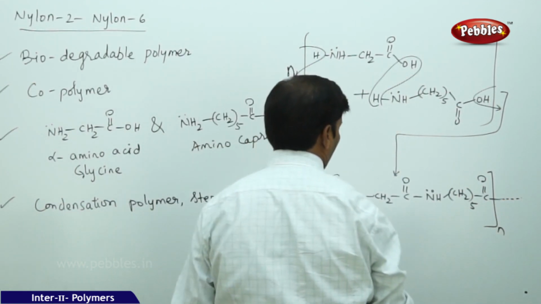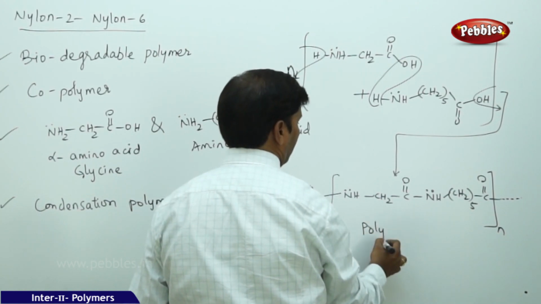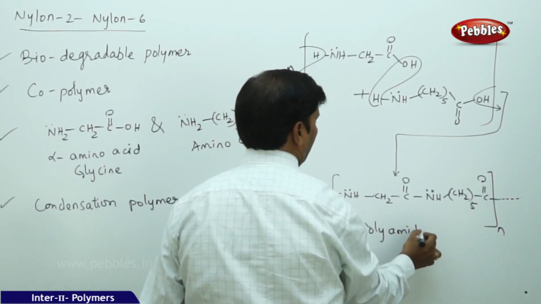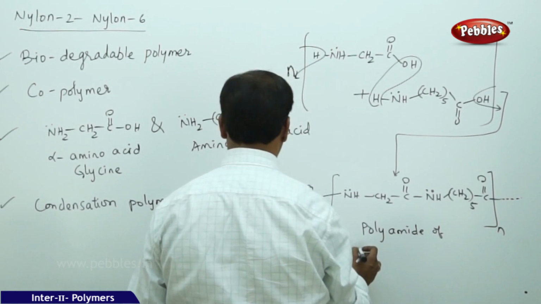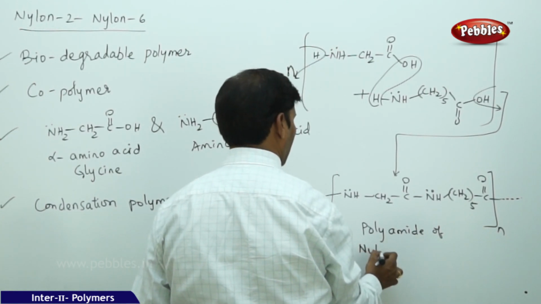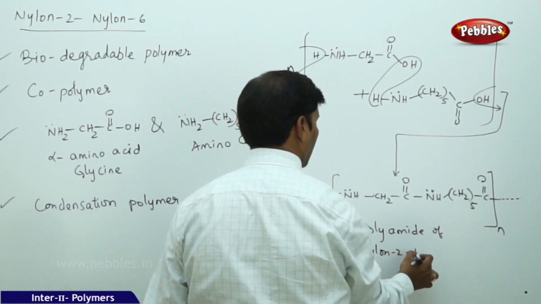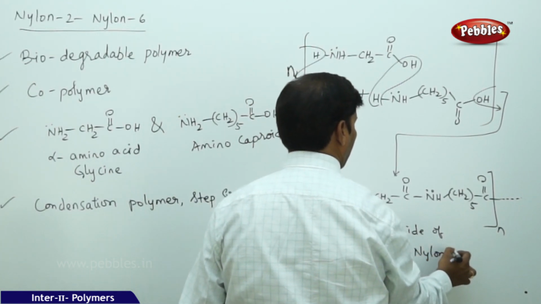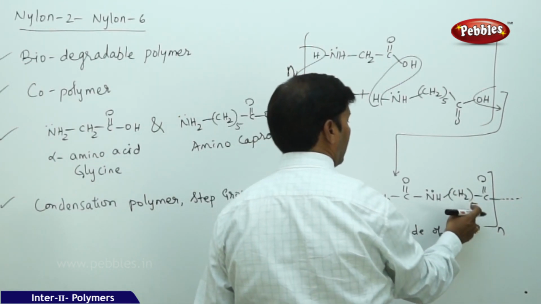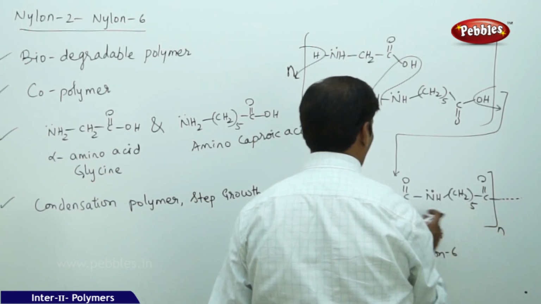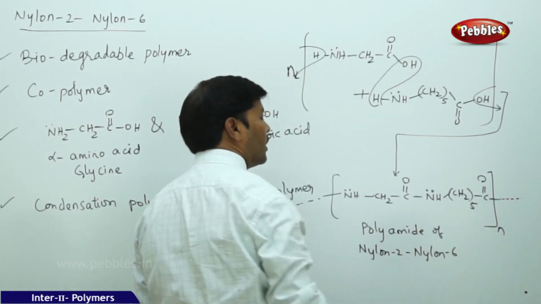So this is a polyamide, that is nylon 2 nylon 6, because here we have 6 carbons: 5 methylene groups and 1 carbonyl group, and 1 methylene group and 1 carbonyl group.